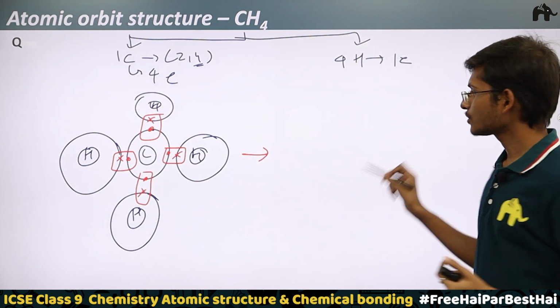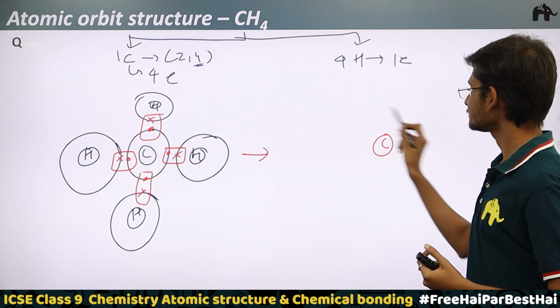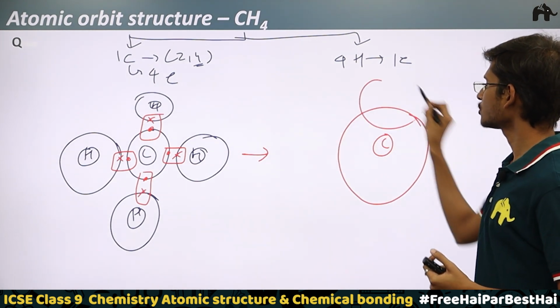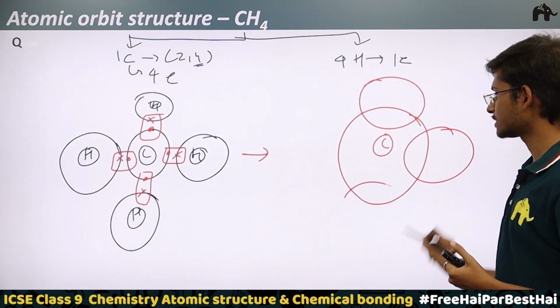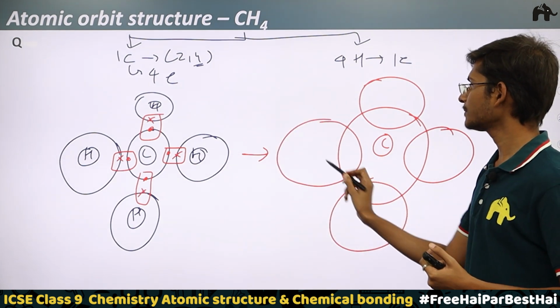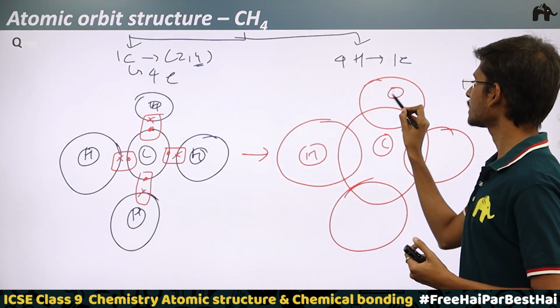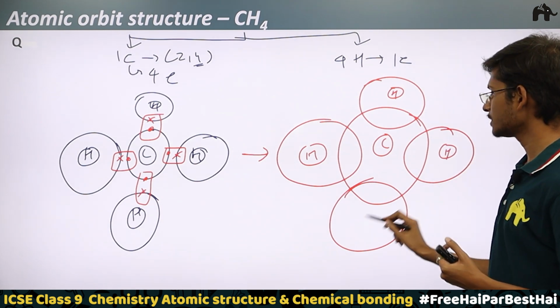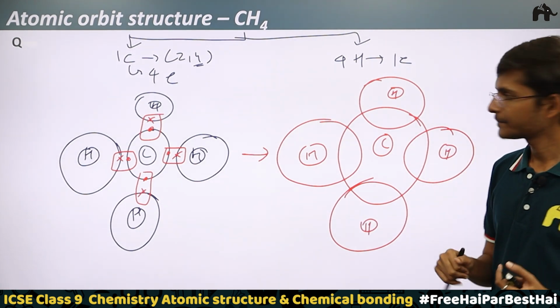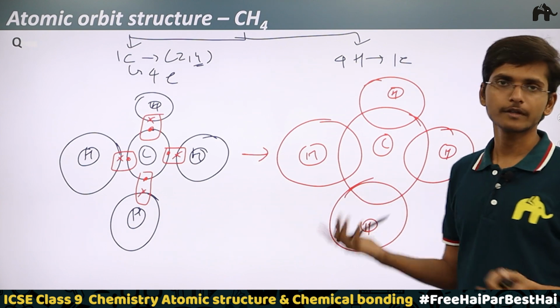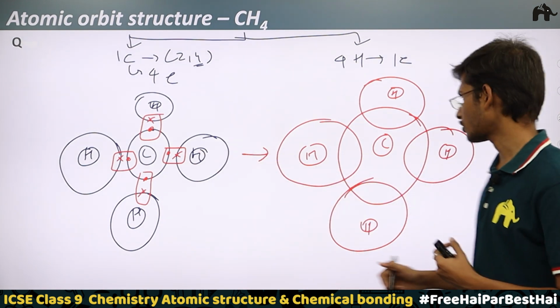Let's make it clearer by drawing the atomic orbit structure after combination. This is the carbon atom. Here is the overlap of the hydrogen atoms' outermost shells, in four places. In the overlap, we show the shared electrons.